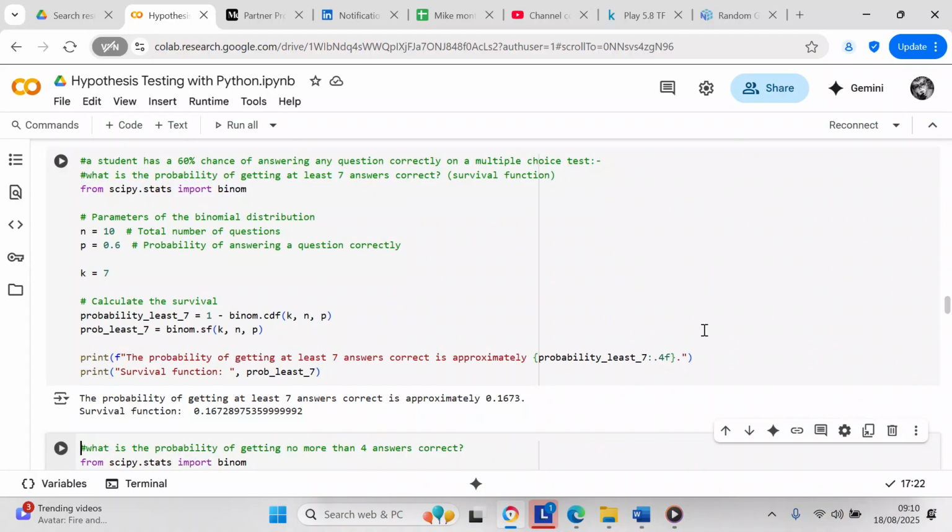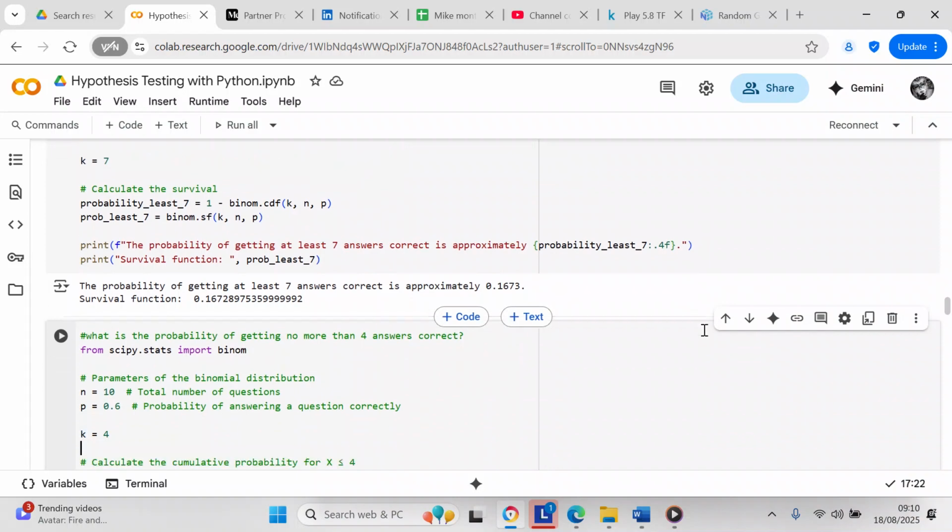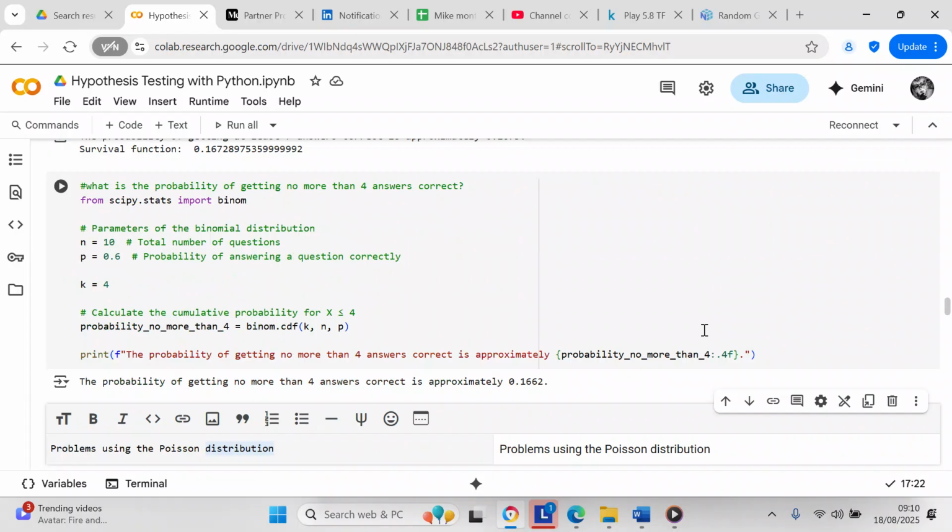The next question that we have is, what is the probability of getting no more than 4 answers correct? So again, from scipy.stats, we're going to import binomial.